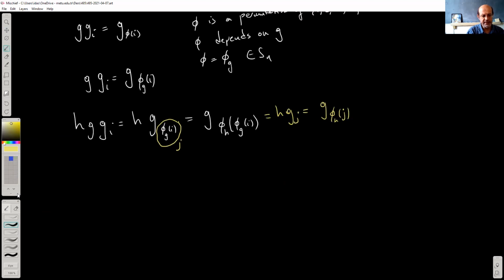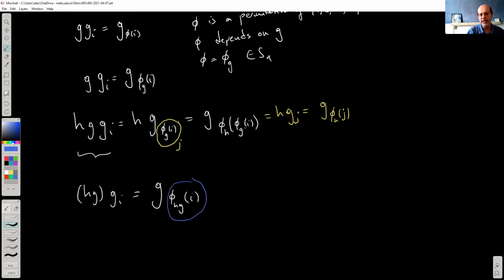So that means I can rewrite this, by using associativity, as hg multiplied with g_i. And this should give me the element in the place where there's phi_hg applied. Somehow, the effect of these two permutations should be the same.